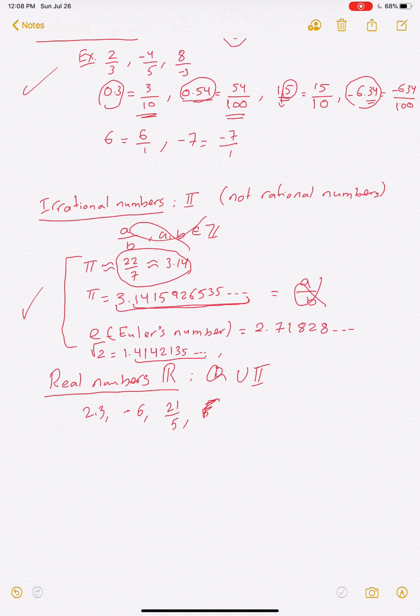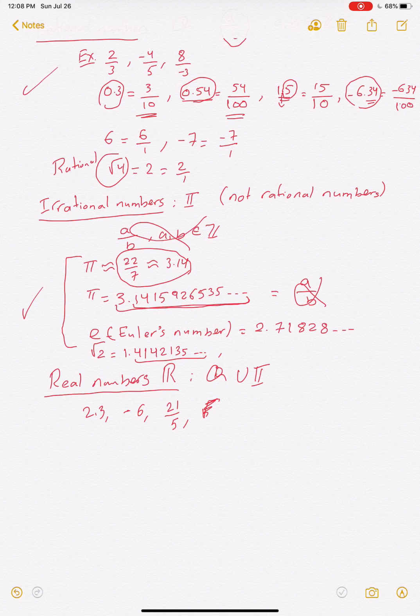No. Let me give you an example. The square root of 4 is 2, which can be written as 2 over 1. So the square root of 4 is considered to be rational. Why? Because we were able to write it as A over B, 2 over 1.